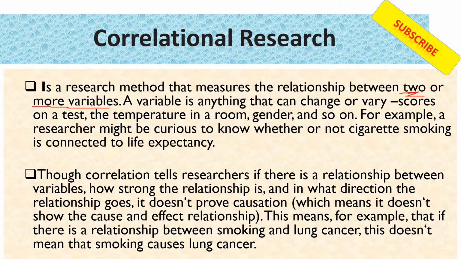For example, a researcher may be curious to know whether or not cigarette smoking is connected to life expectancy. So when you talk of correlation, one will be doing a correlational study between the effects of cigarette smoking and life expectancy. So the two variables in this case would be cigarette smoking and life expectancy.